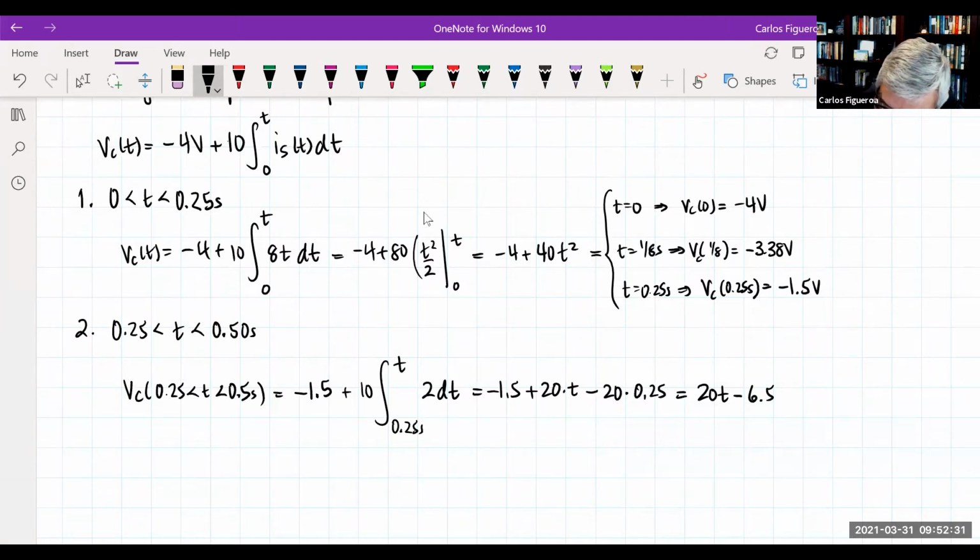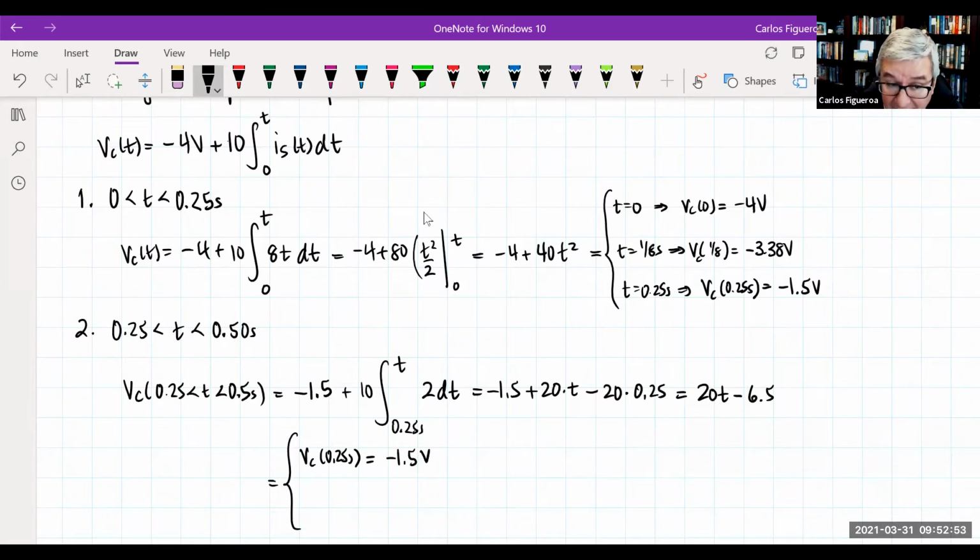And again, if we check these numbers, what am I actually seeing? Well, if I plug in 0.25 seconds, I better get negative 1.5 volts. And I do.